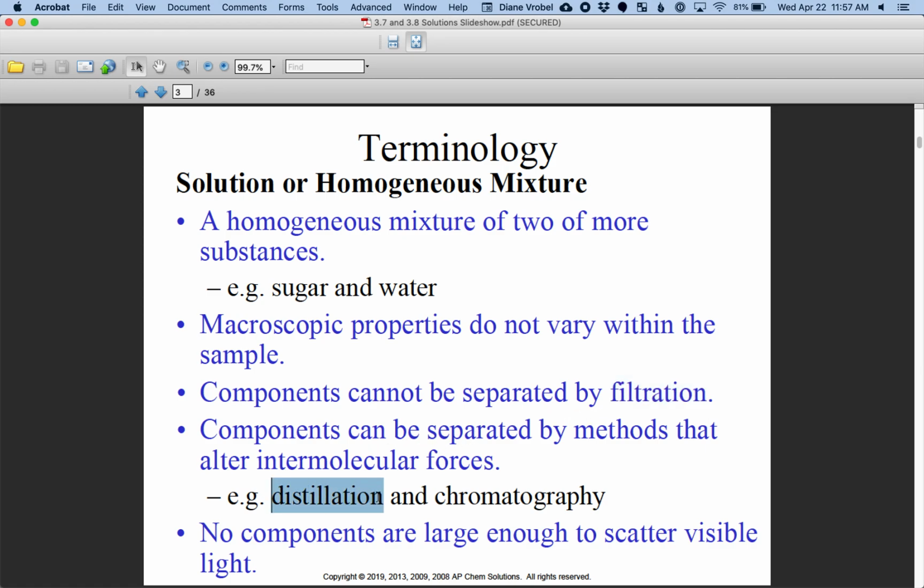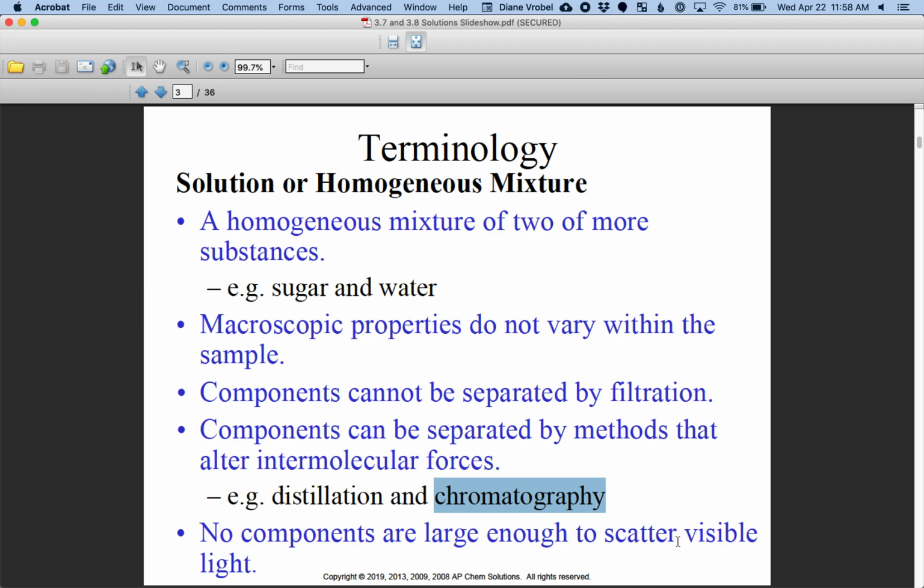Some of those other methods are things like distillation. It could be evaporation. We could also be talking about chromatography. I don't know if you remember way back when in biology you did chromatography, you were able to separate out those different components based on their attraction with the liquid that you're using and the paper that you're using.